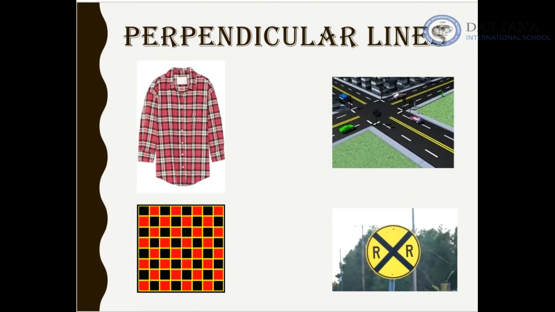And you're going to see that these lines are crossing, they are meeting, but they are making a perfect corner. You're going to see how. If you look at this road and this road, they are crossing here, but here you can make a perfect corner.